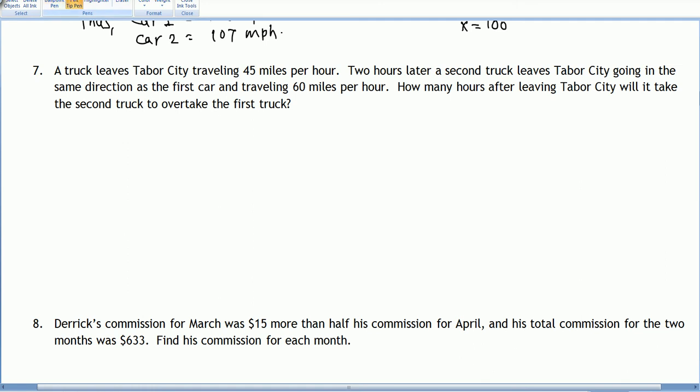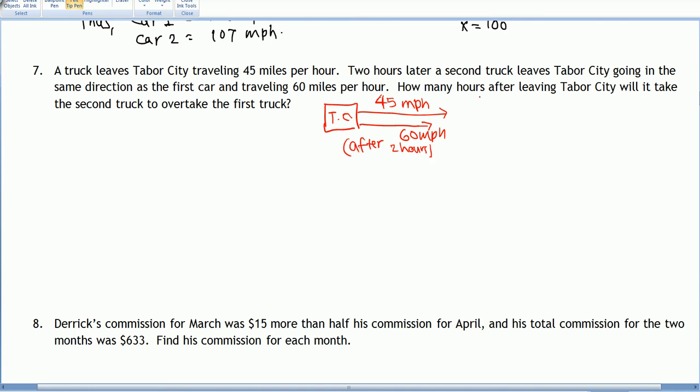So here is Tabor City, and the truck leaves at 45 miles per hour. 2 hours later, a second truck leaves Tabor City going in the same direction as the first truck, traveling 60 miles per hour. This one starts after 2 hours.